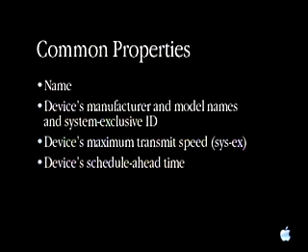So some of the common properties that we define are obviously the name of the entity or object. Devices have manufacturer and model names and SysEx IDs, as I just mentioned in the previous example. Some other slightly obscure but actually kind of important properties that I'll get into a little later are the maximum transmission speed to a device.